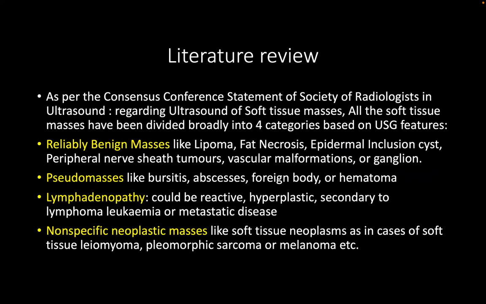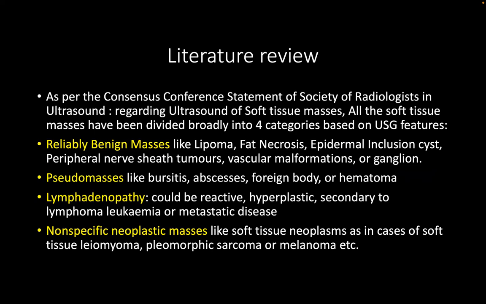So on reviewing the literature, as per the consensus conference statement of the Society of Radiologists in Ultrasound regarding ultrasound of soft tissue masses, all the soft tissue masses have been divided broadly into 4 categories based on the ultrasound features.